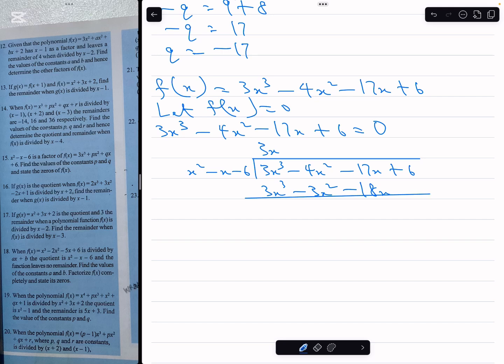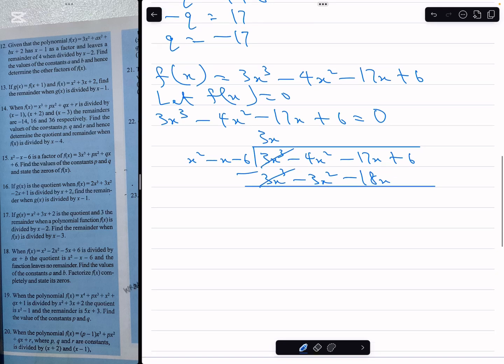Now you subtract. 3x cubed minus 3x cubed will be 0. Minus 4x squared plus 3x squared is minus x squared. Minus 17x plus 18x is x. Bring down the next term, which is plus 6, and we go again.